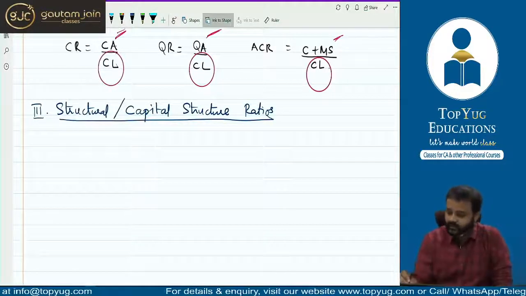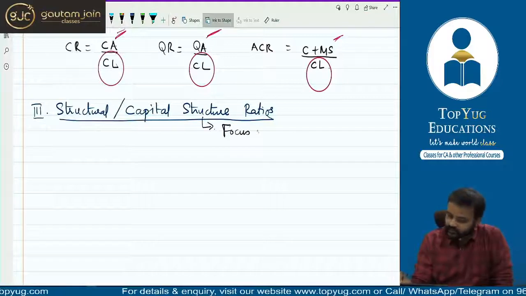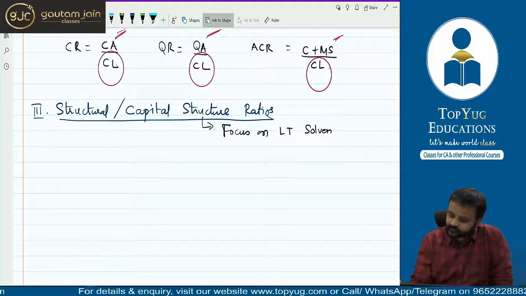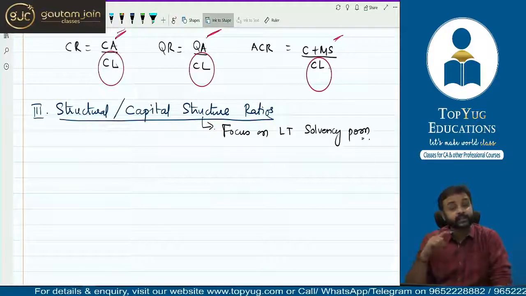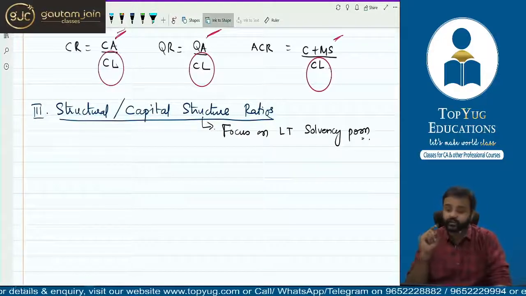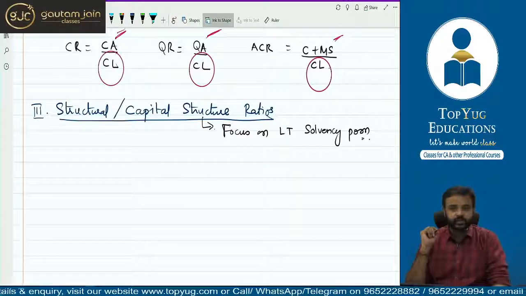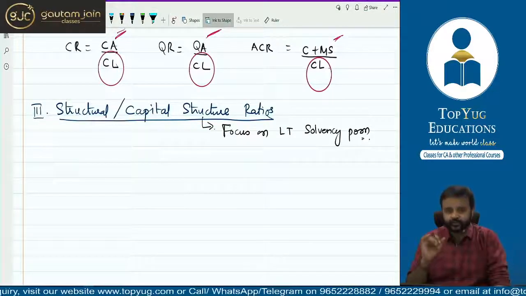If you understand, this focuses on the long-term solvency position of the company. Unlike liquidity ratio or working capital ratio, where the focus was on short-term solvency position, right? Working capital ratio or the liquidity ratio focuses on short-term solvency, correct?